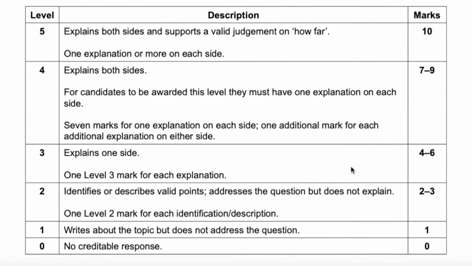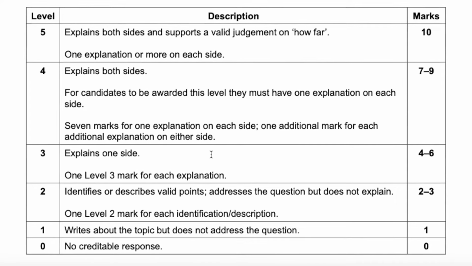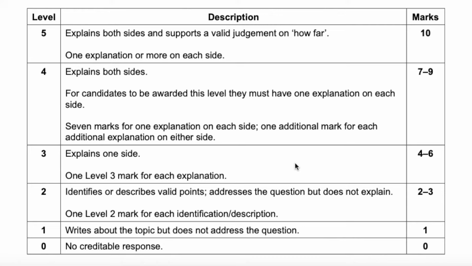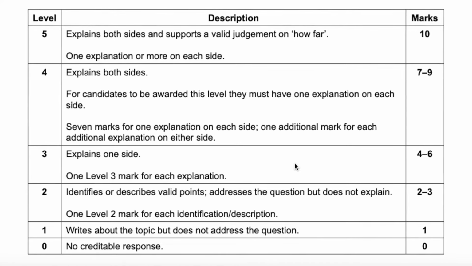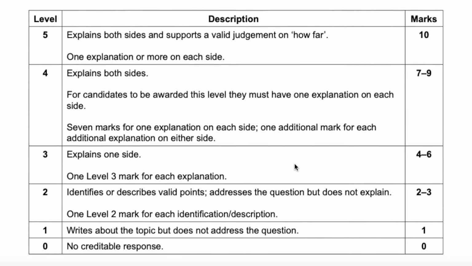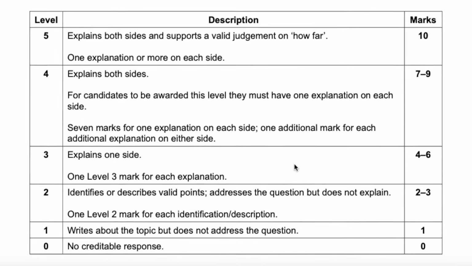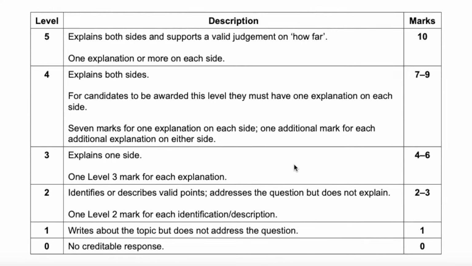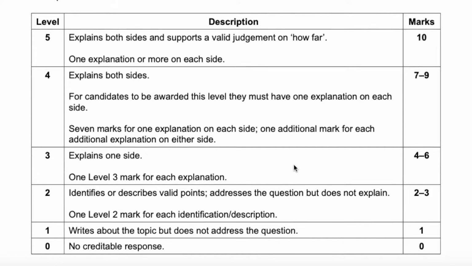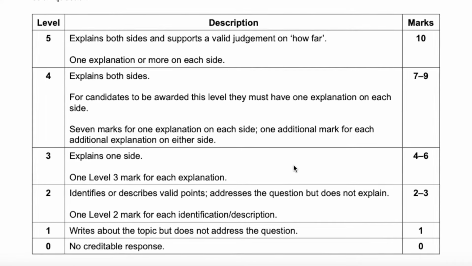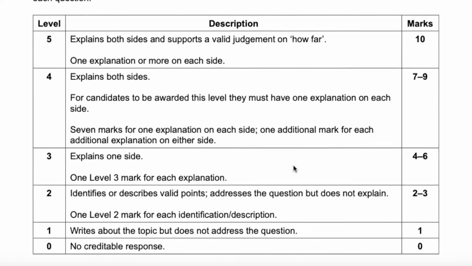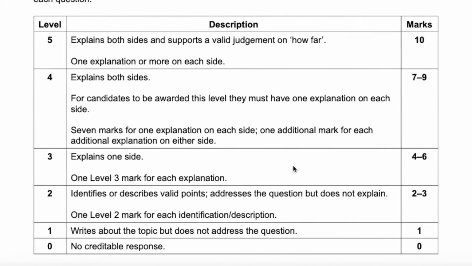Even if you really think it was Britain and France's fault, or on the other side, if you said Britain and France did nothing wrong, it was all Germany and Japan's fault or Italy's fault, even if you really believe that in your deep heart, you need to show the balance, the pro side and the con side. So that will bring you up to level 4, explains both sides.